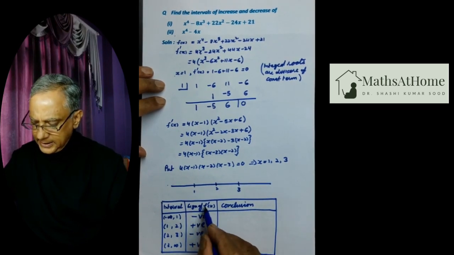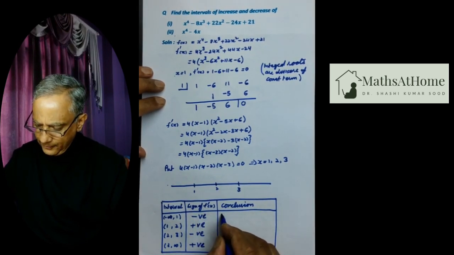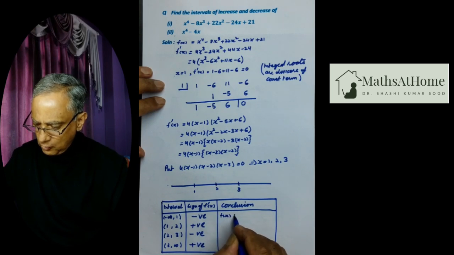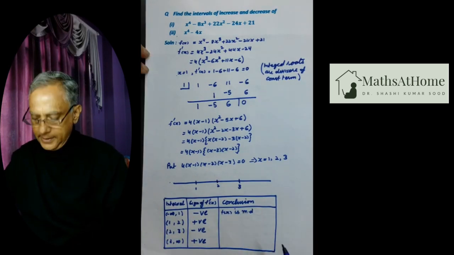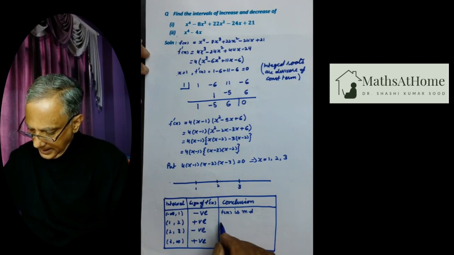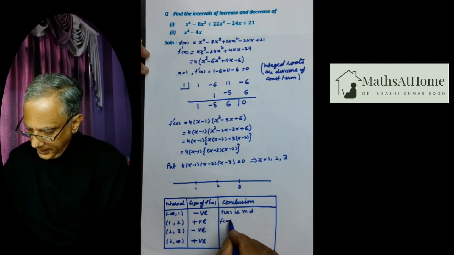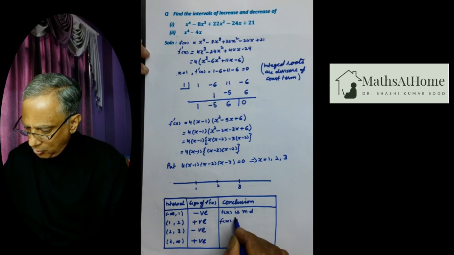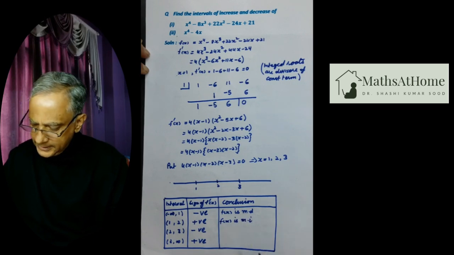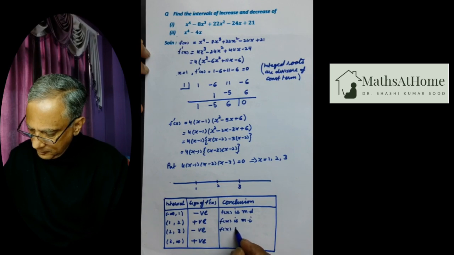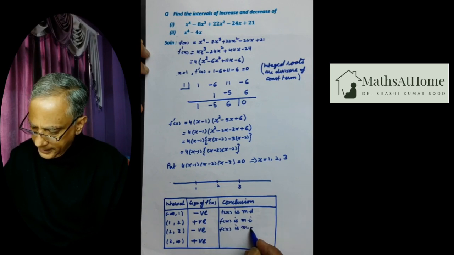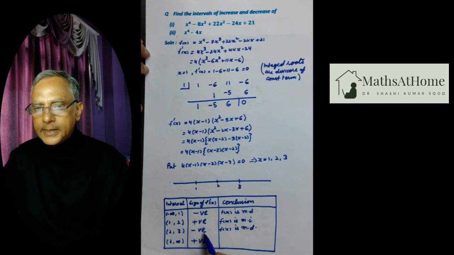Since f dash x is negative, we will say fx is monotonically decreasing in this interval. And f dash x is positive, therefore fx is monotonically increasing in this interval. And here fx is monotonically decreasing because f dash x is negative.